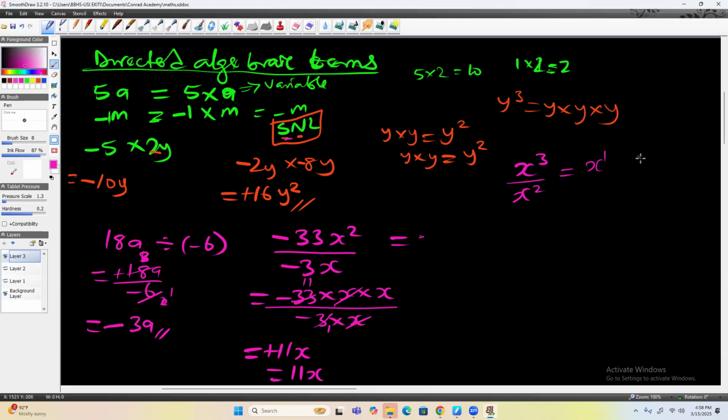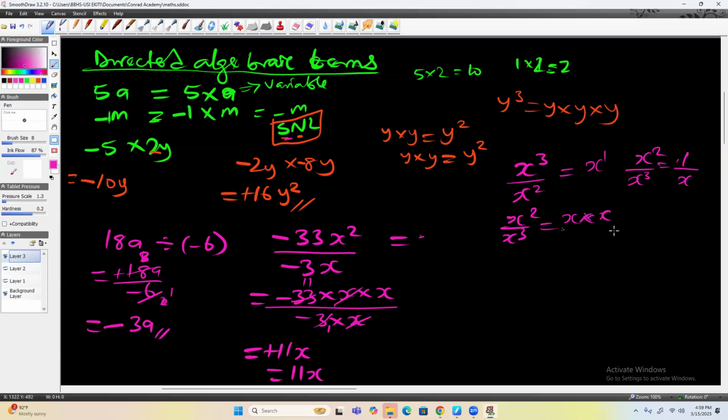Now, there are situations where you have something like this, x divided by x cubed. Okay, since this one that is smaller here, the up one is smaller, and this is the bigger one, so you subtract this one from the bigger one. You now have 1 over x. Yeah, how is that possible? Just look at this, x squared divided by x cubed, just to show you. X times x, right?